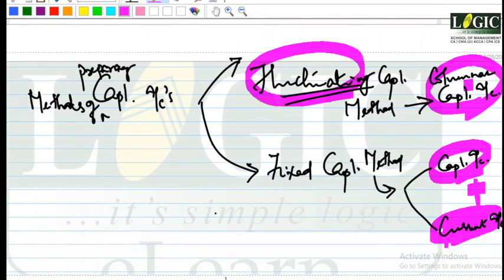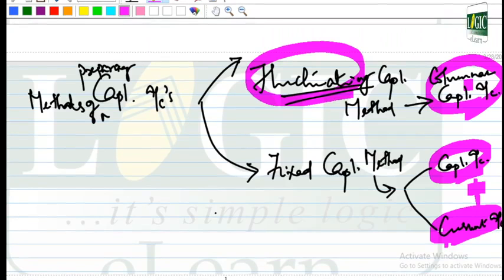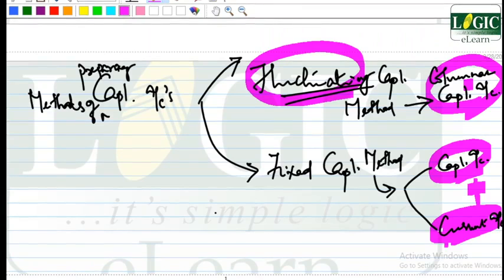Under fluctuating capital method, you will prepare only the columnar capital account, because the balance of capital account can change. But under fixed capital method, as the name suggests, the balances of capital account should not change. Hence, the method of preparation is bifurcated into two.